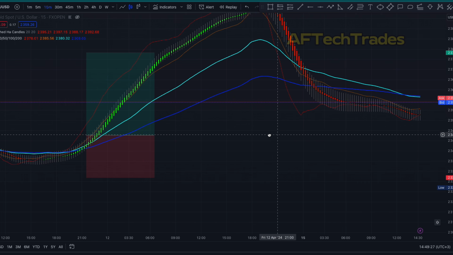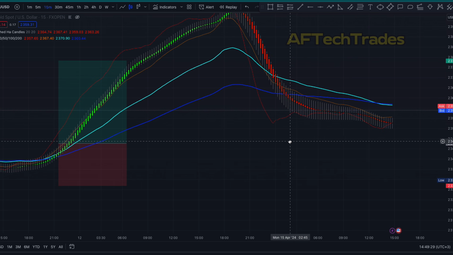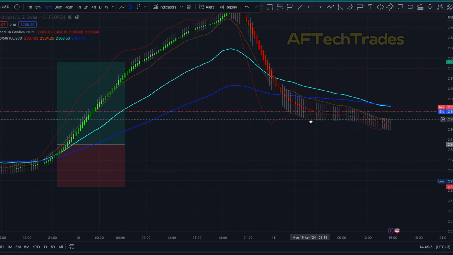So if you scroll back here, now on the sell side, the 200 EMA and the 100 EMA must be above, right? It must be above, and our smoothed Heikin Ashi indicator must be below, just like in this case.